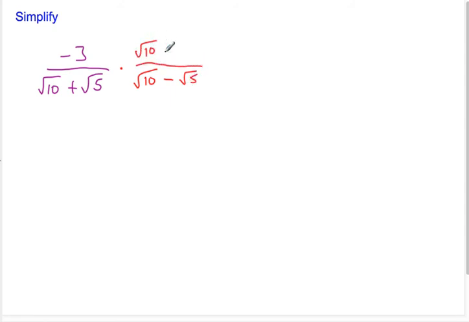So we have to multiply, whenever you multiply something to a fraction, it's got to be the same on the top and bottom. So notice this root 10 plus root 5 times the root 10 minus root 5 is going to be the difference of squares there. So when we multiply root 10 plus root 5 times root 10 minus root 5, we end up with 10 minus 5 on the bottom, which is nice because now we don't have the square root there.